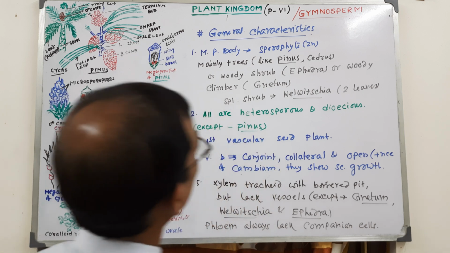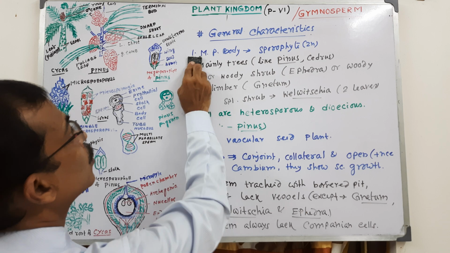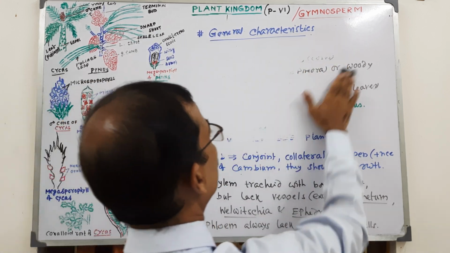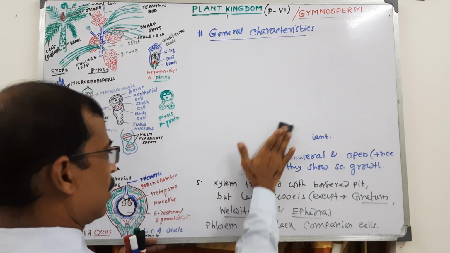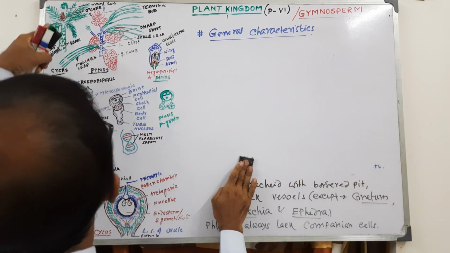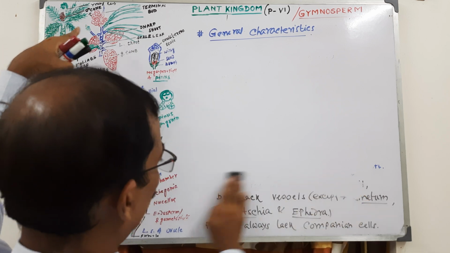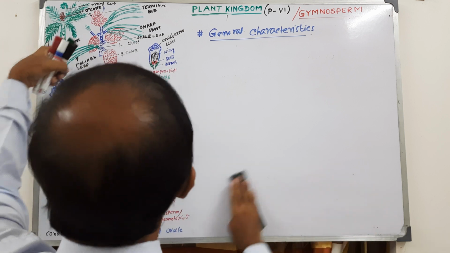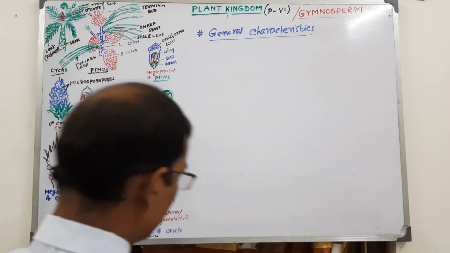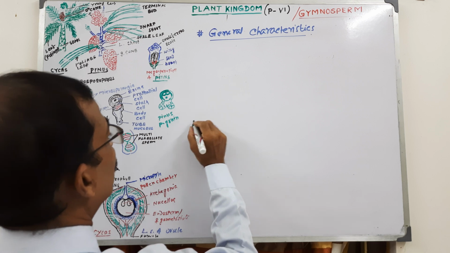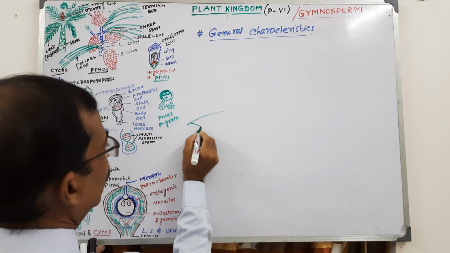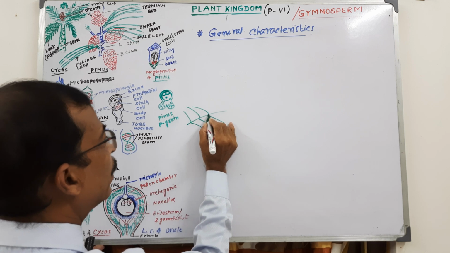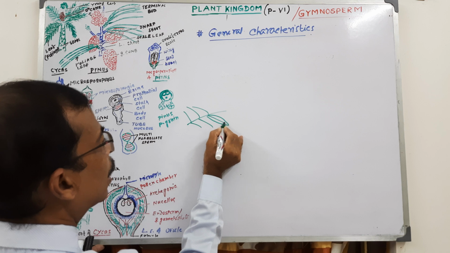But they possess transfusion tissue. Transfusion tissue is present in Cycas and Pinus. In Cycas, this is the pinnate compound leaf, and the pinna, that is the leaflet, possesses a single midrib only. There is no vein.